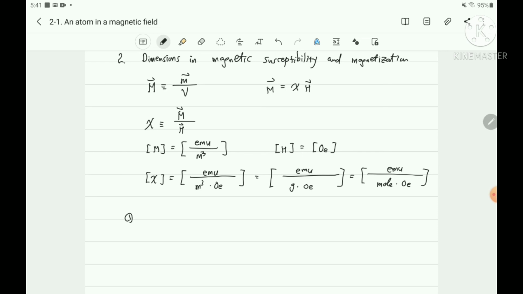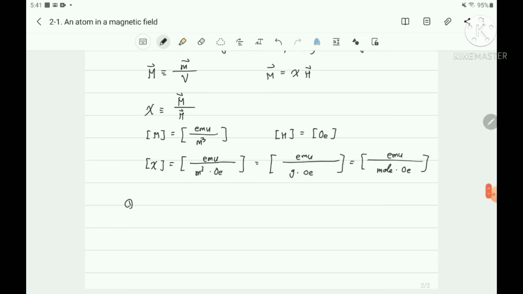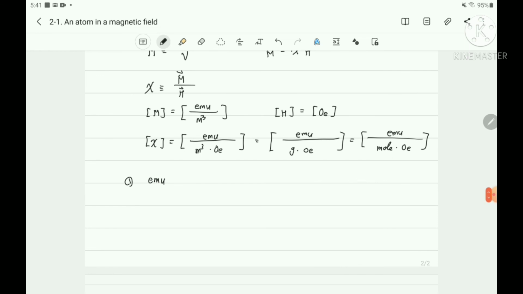At first, when you measure magnetic moment, the measurement unit is emu. In many cases, the magnetization unit should be changed to Bohr magneton, because the Bohr magneton is the elementary magnetic moment.